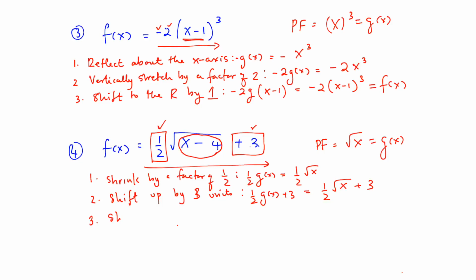So I need to shift to the right by 4 units, which would mean I have 1/2 g of x minus 4 plus 3 is equal to 1/2 square root of what? x minus 4. So you end up with the same thing. That's what f of x is.